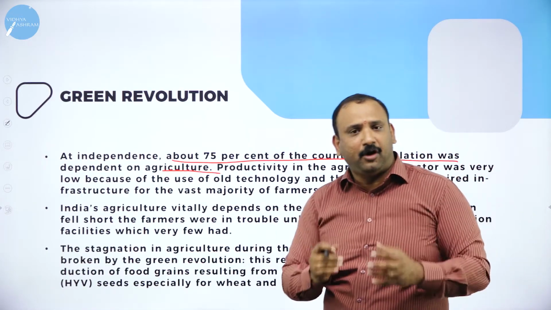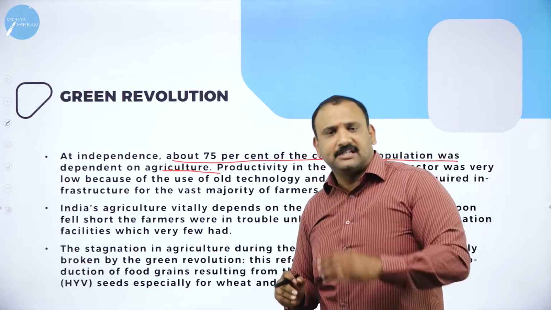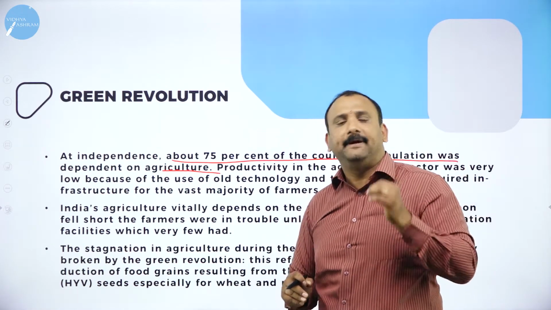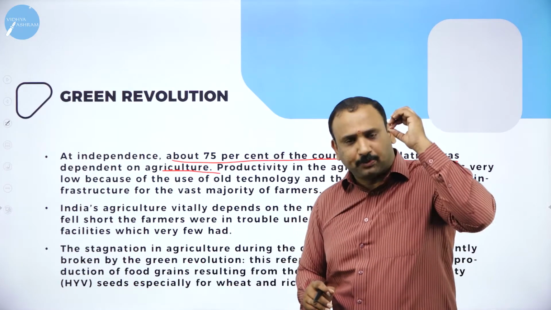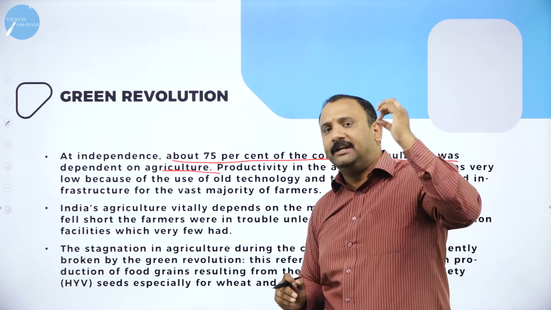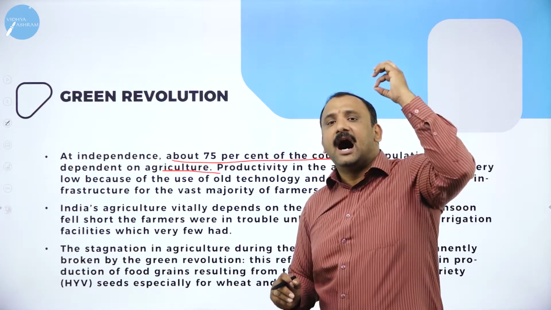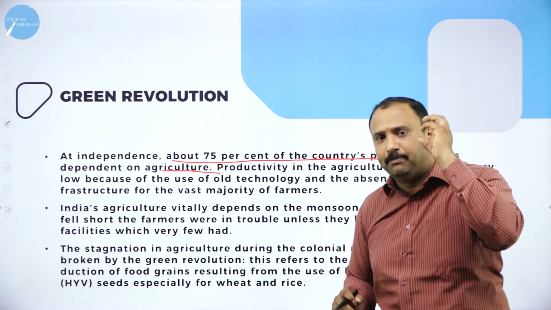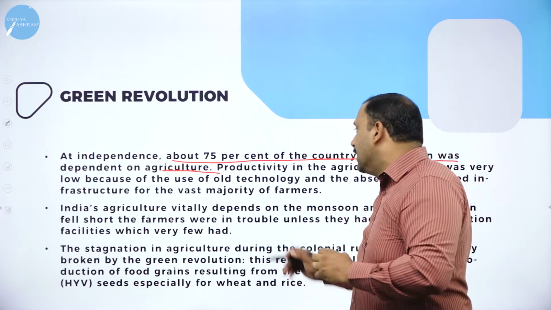So that's a straightforward statement to make us understand that 3/4 of the nation was completely dependent on agriculture. That was probably the only source of income, the only way of work. So agriculture was the backbone of India.